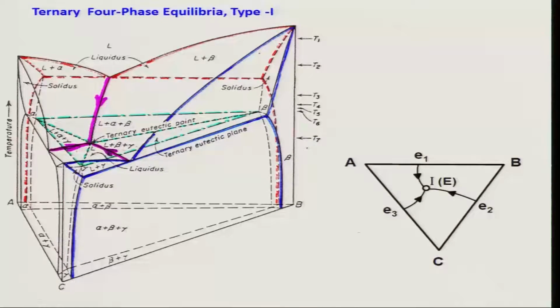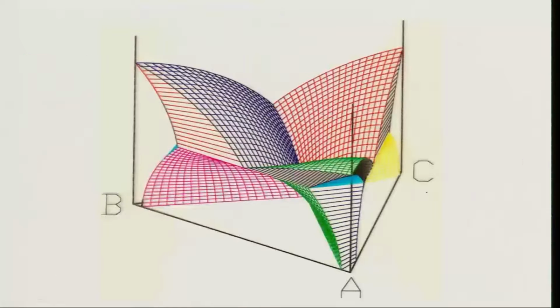AC has a eutectic between alpha and gamma, the terminal solutions being alpha and gamma. And CB or BC has a eutectic between gamma and beta. Because of that, you have a ternary eutectic point coming down; this surface is coming down and meeting at the ternary eutectic point E. That is what is represented here.